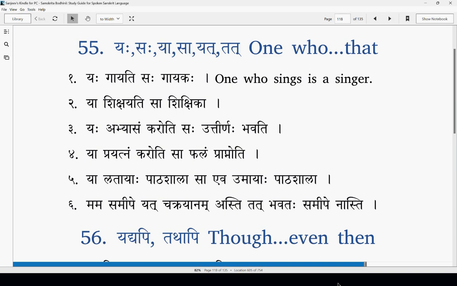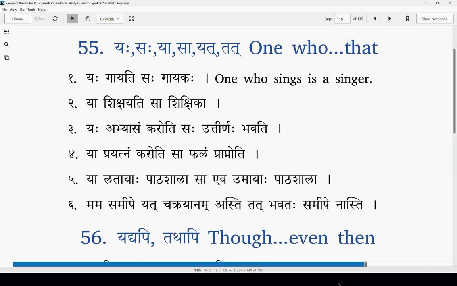So when I say balakah agachati, then in the next sentence I can say sah dhavati. I don't have to repeat balakah, because I can substitute the sarvanama in place of balakah, since it is referring to the previous sentence. So balakah agachati, sah dhavati, like that. But in the same sentence also it can be used: sah balakah asti, that we have seen, tat vimanam asti, like that.